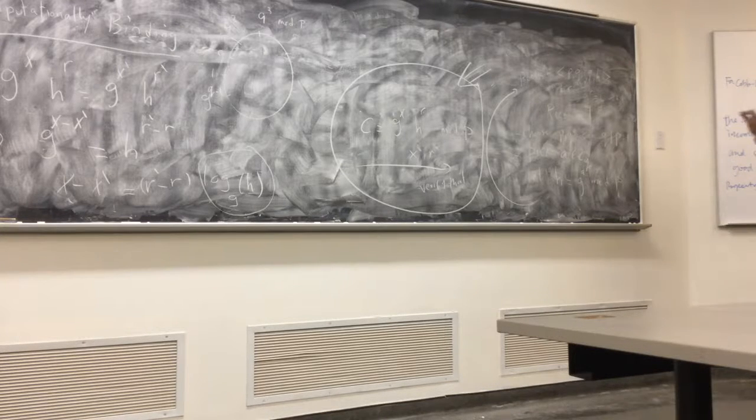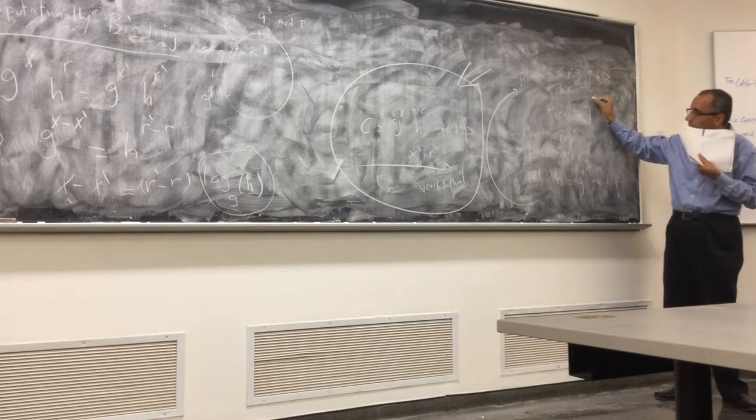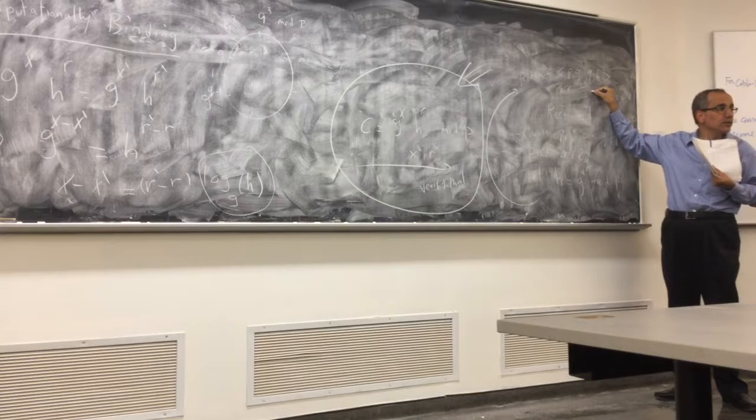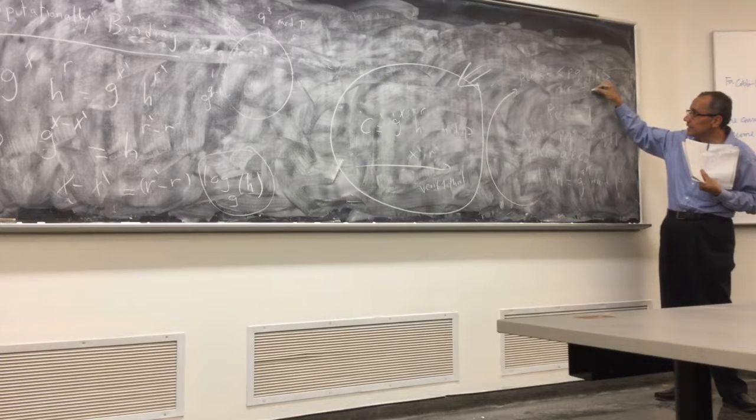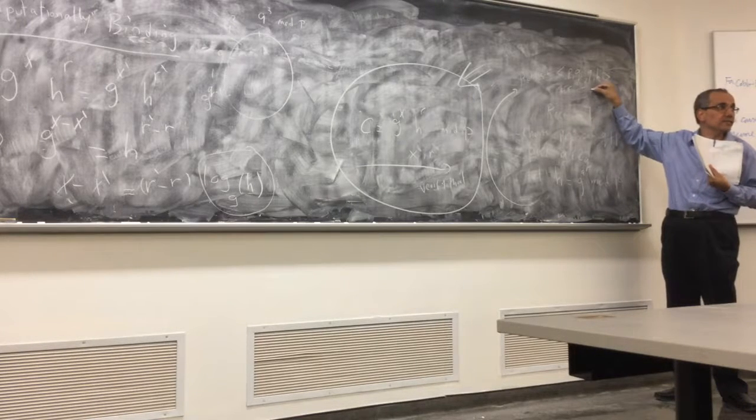So if I tell you that the order of the group is Q, it's meaningless to have anything in the exponent that's bigger than Q, right?